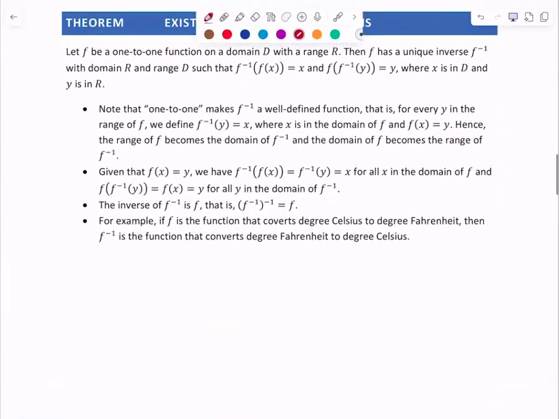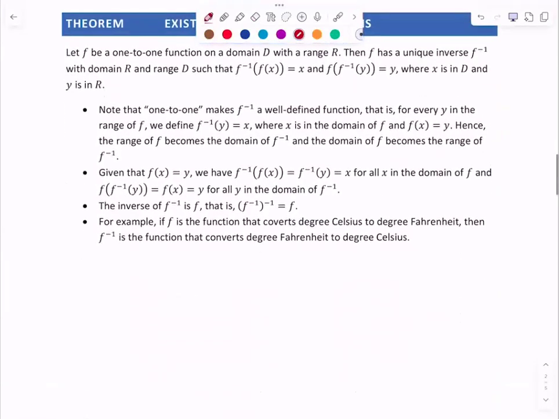Okay, so let me draw a picture. This time I only have one value to show. So let me just put x sub 1 here, and then this is y sub 1. Going this way, call it f. So that's the domain for f, that's the range for f.